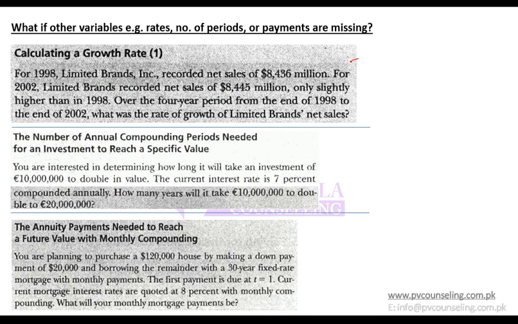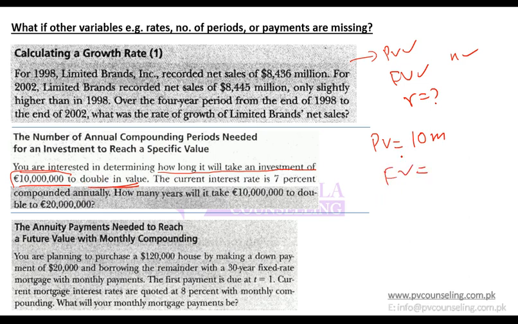So in this example, you had PV, you had FV, you had N, and you calculated the rate. Now there can be a case in which you have PV, FV and rate, but you do not have N. So you can calculate that. For example, you are interested in determining how long it will take an investment of 10 million to double in value. If you have 10 million today, the PV is 10 million, and the future value that you want is 20 million, double the 10 million.